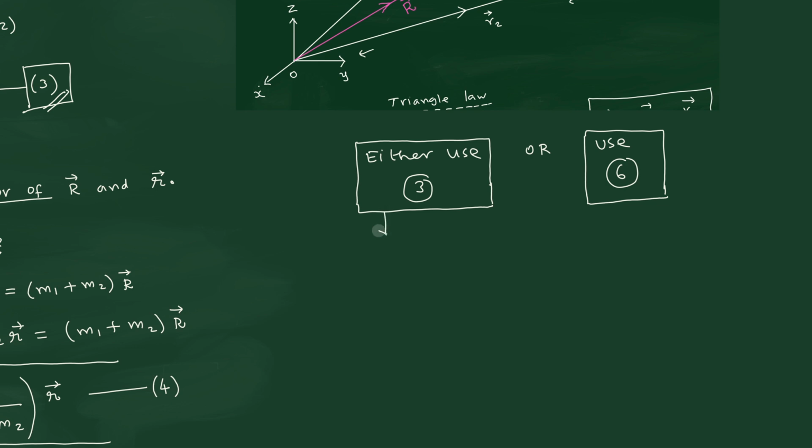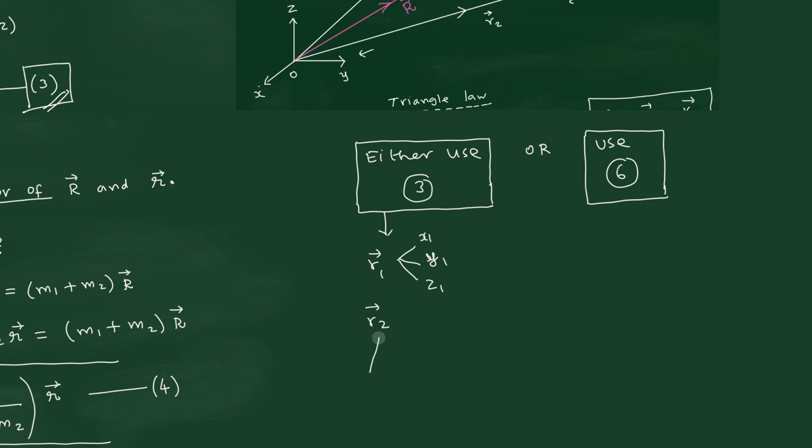If you are going to use equation number 3, you will have an R1 vector and an R2 vector. The R1 vector requires the x1, y1, z1 components. You need 3 of them.